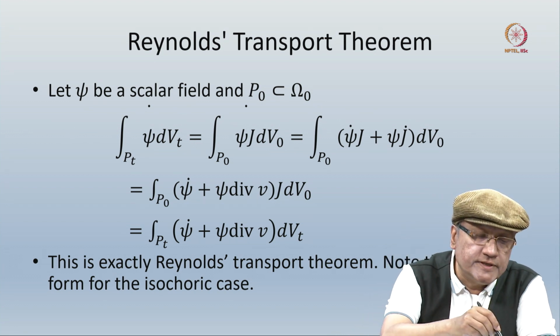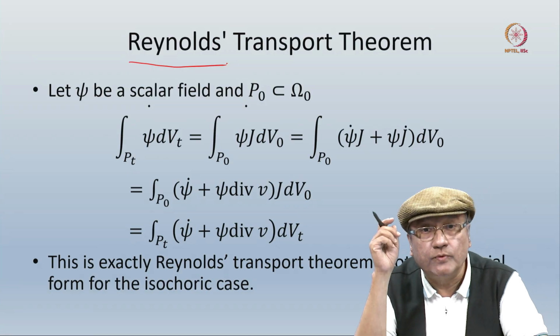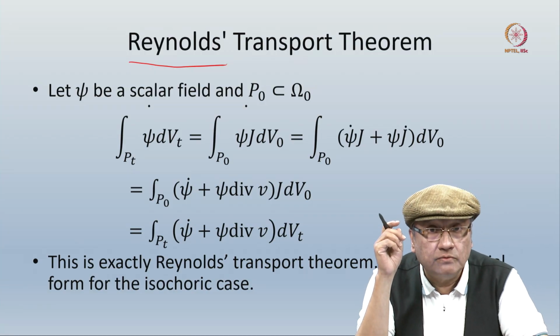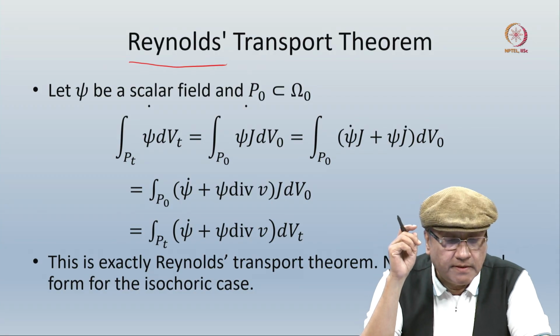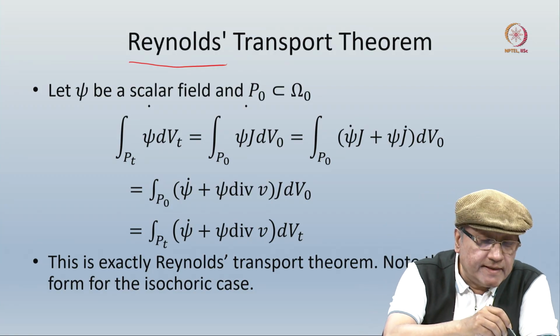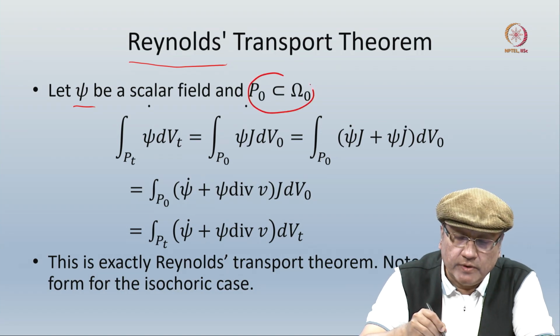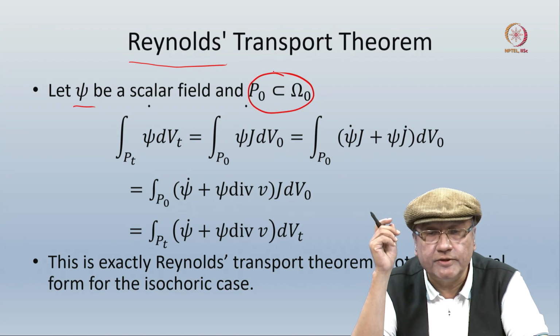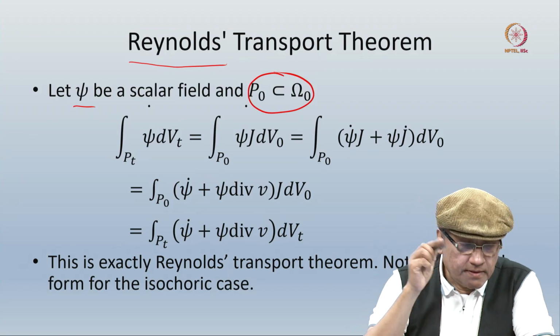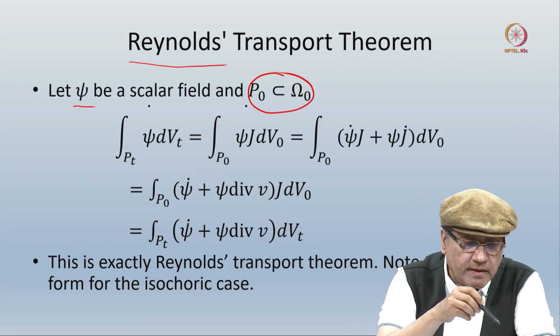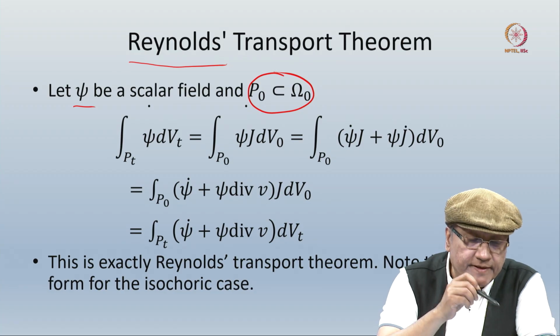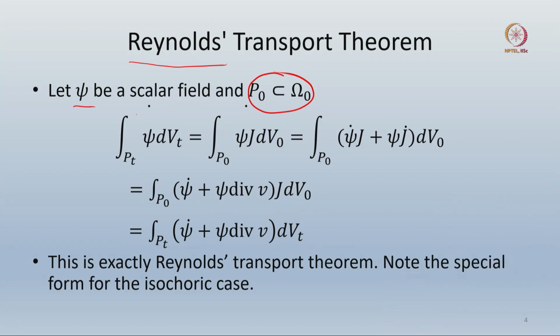It is also called, for historical reasons, Reynolds transport theorem. Let us consider psi to be a scalar field, and any P0 in omega 0, a proper subset of the material body. Then this is the integral that I am interested in, and there is a dot on top, you can see here.